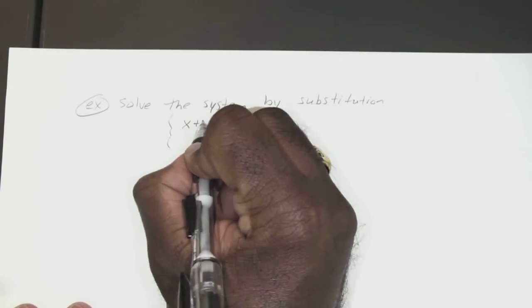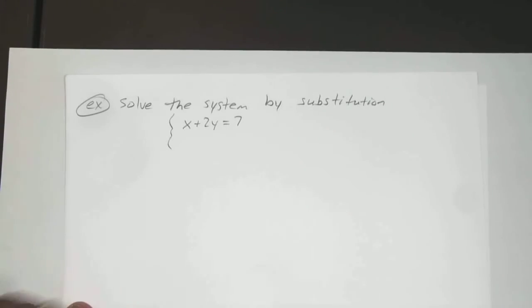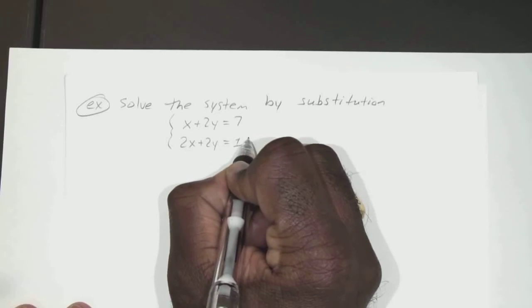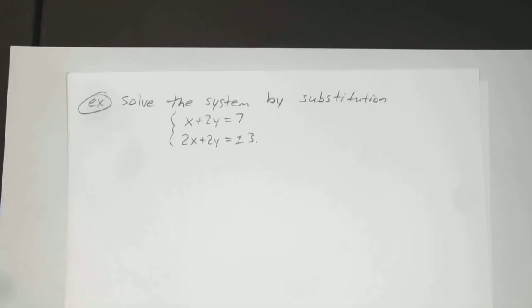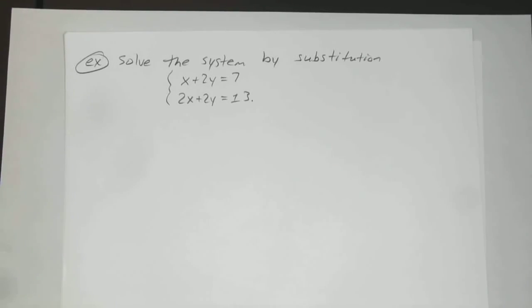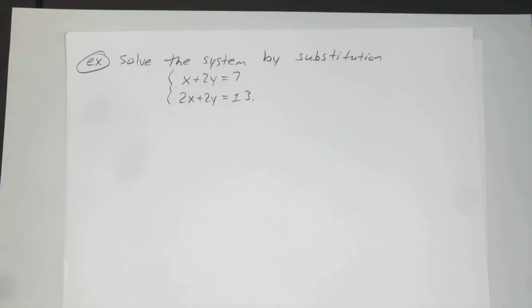Let's say you have x plus 2y equals 7, and 2x plus 2y equals 13. Yep, so this is one of those where they don't have an isolated value. So really all you do, you pick the one that's easiest to isolate a variable, and you just isolate it.